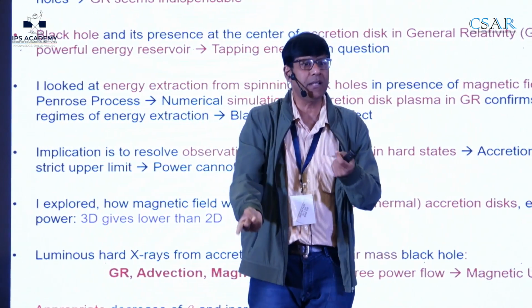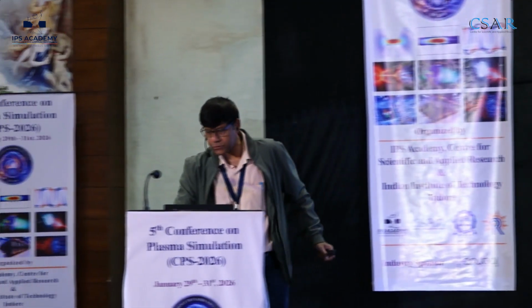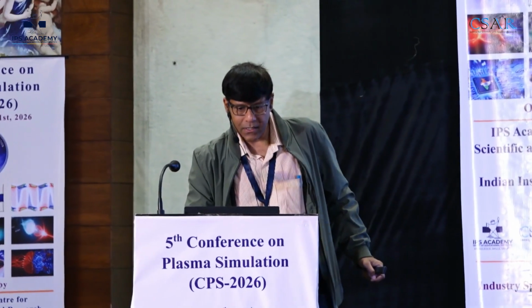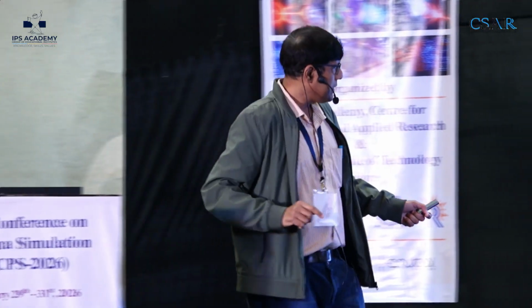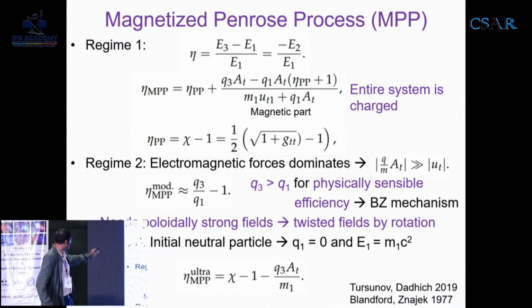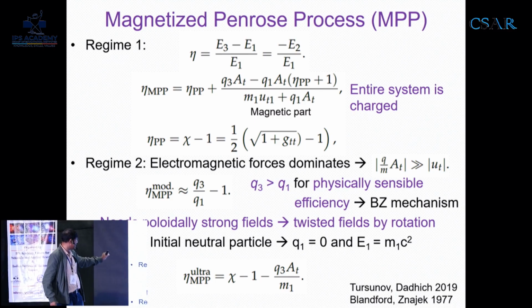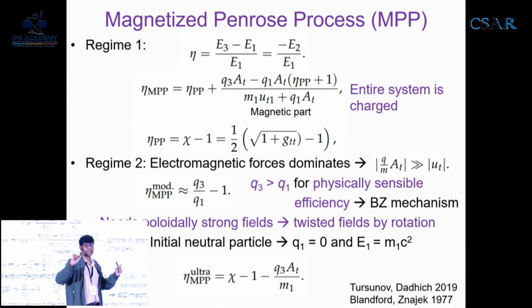Basically, the Einstein-Maxwell coupled equation. Let me see if I have a backup slide, just to show you the equation quickly. No, I don't have. I have only this. I borrowed it from the review article of Naresh Dadhich, but still it is not a complete equation. It's an expression for efficiency. But basically, yeah, the GR version of Navier-Stokes and Maxwell's equations.